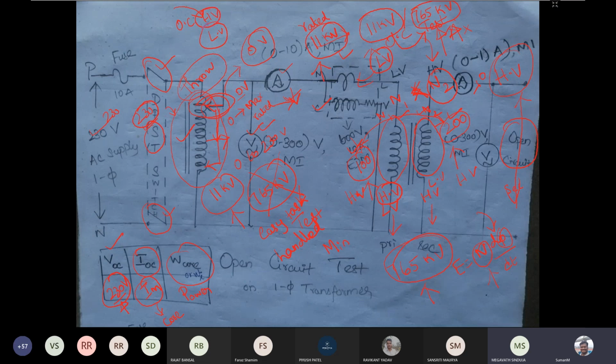So it is not practical to perform the open circuit test by open circuiting the low voltage winding. You have to open circuit the high voltage winding, because it is sufficient to give the lower voltage in order to perform the open circuit test of the transformer.